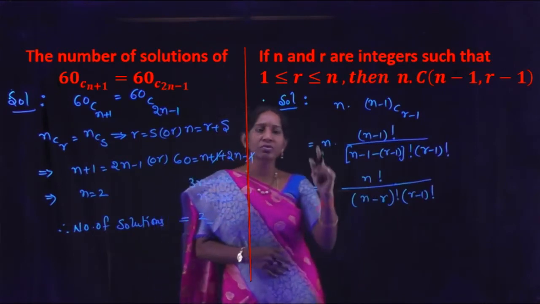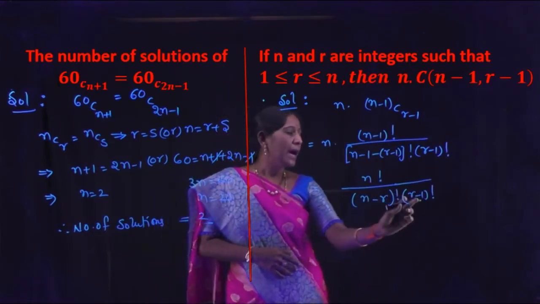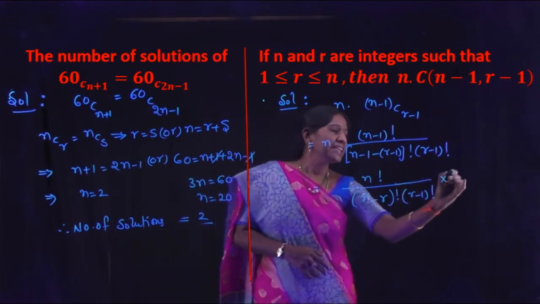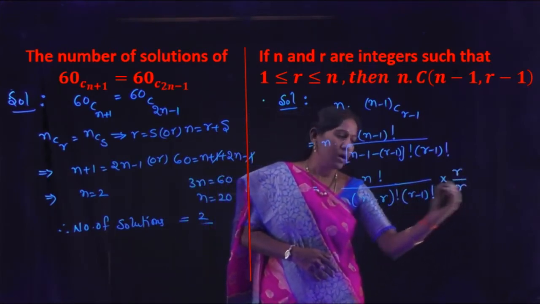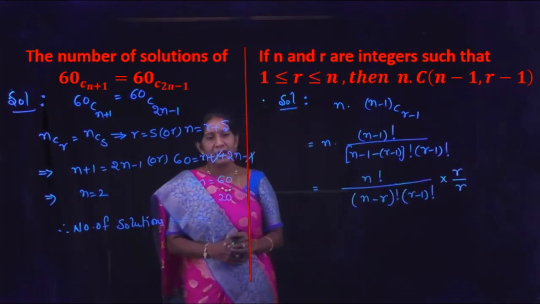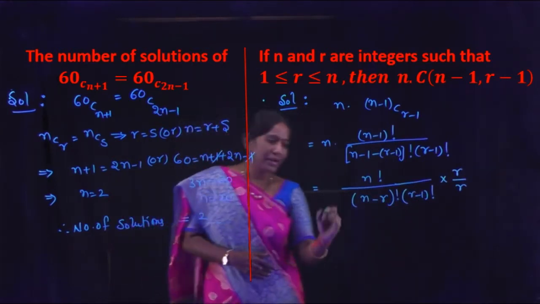Here, we have to do one thing. What's that? (r minus 1) factorial is there. So, if we multiply and divide with r, r into (r minus 1) factorial can be written as r factorial.